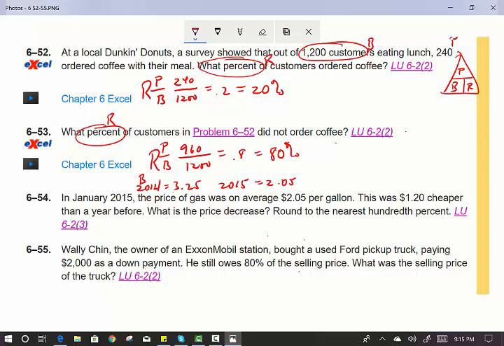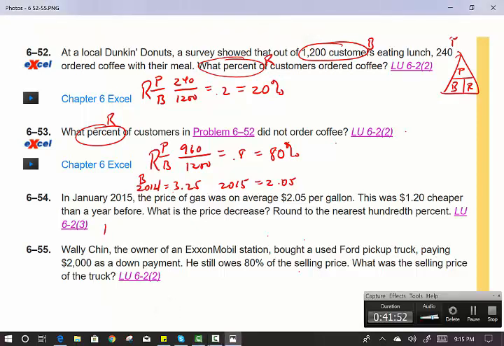Again, what is the rate of the price decrease? Okay, that's 120 divided by the base of 325, and then calculate that.